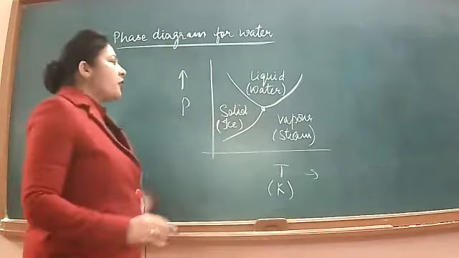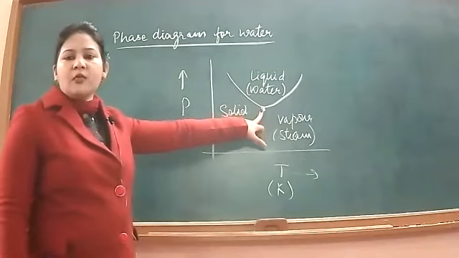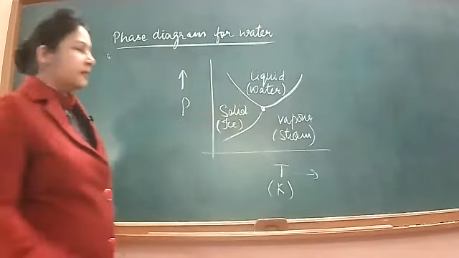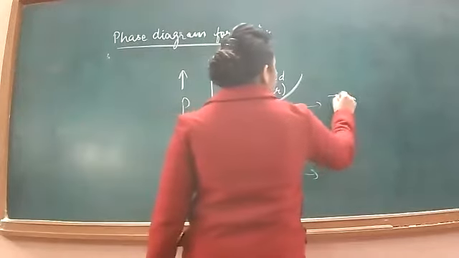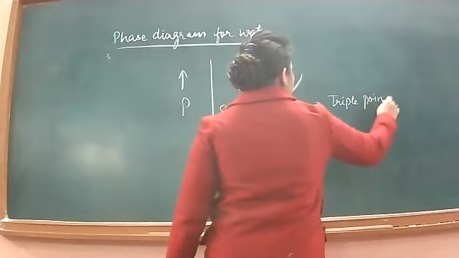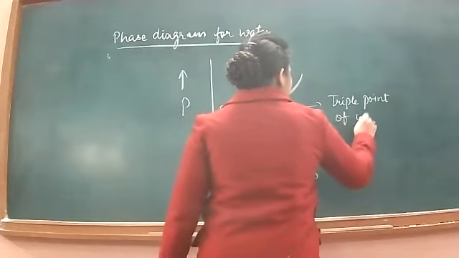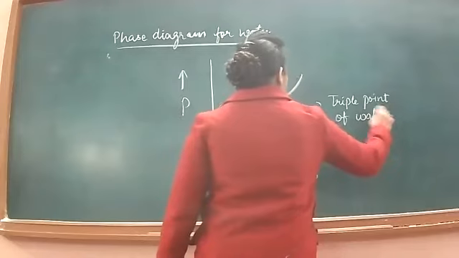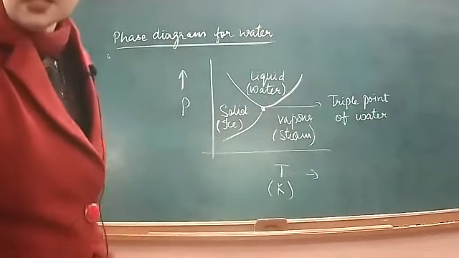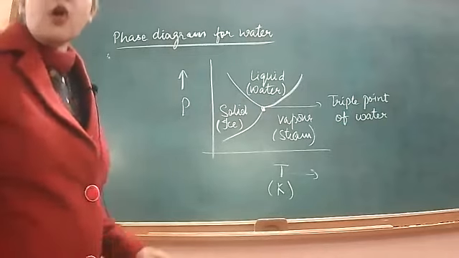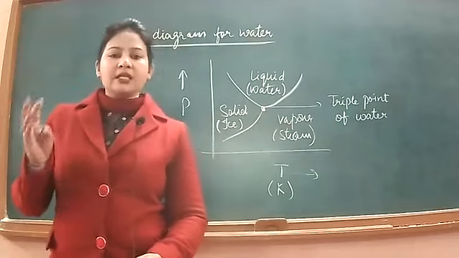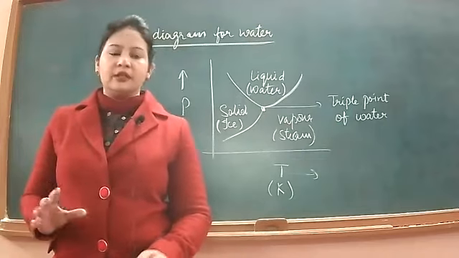And this point where all the three states of water coexist is called the triple point of water. It is the point at which all the three states of water coexist. Water exists in ice, liquid, and steam form together.